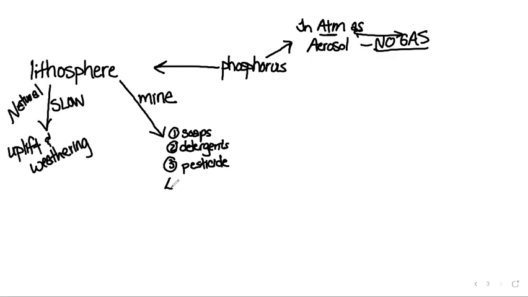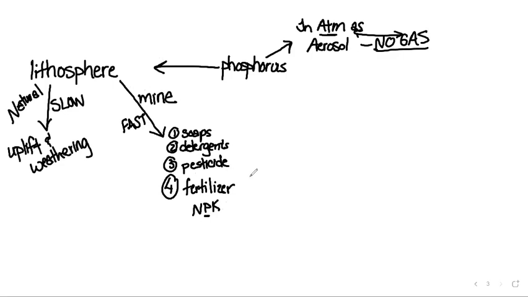The big thing to know about phosphorus use is fertilizer, and that fertilizer is going to be in the form of NPKs: nitrogen, phosphorus, and potassium. So we mine phosphorus, which accelerates this process very quickly, so it makes this a fast process.